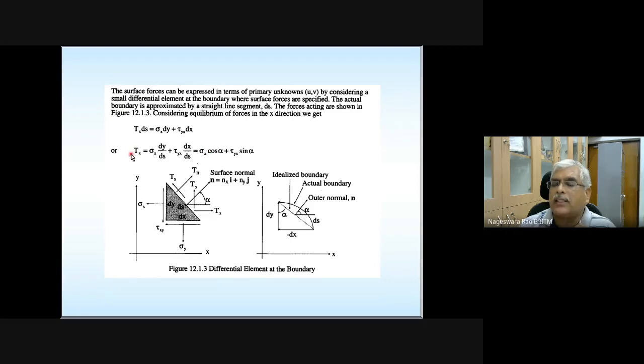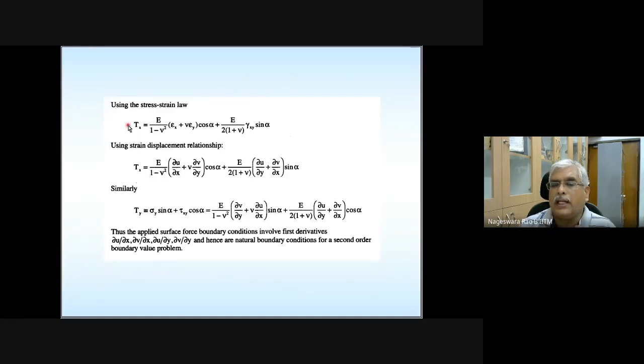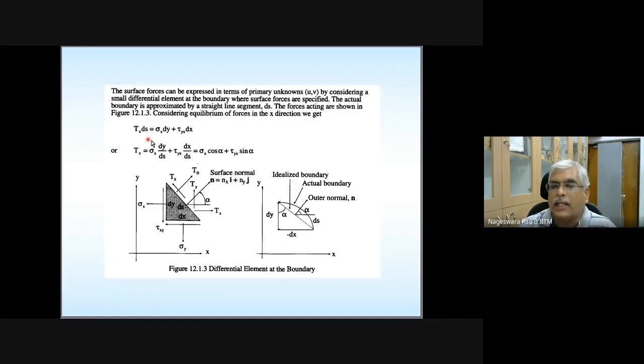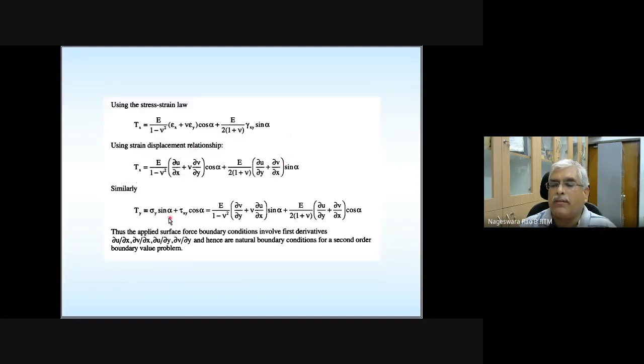Here Tx is related to sigma x, tau yx via this relation. Similarly, Ty is related in this manner. And here the stress sigma x is expressed in terms of the strain components as well as displacement components. So Tx becomes this one, Ty becomes this one.